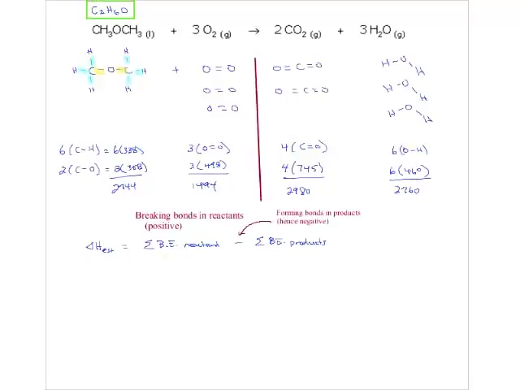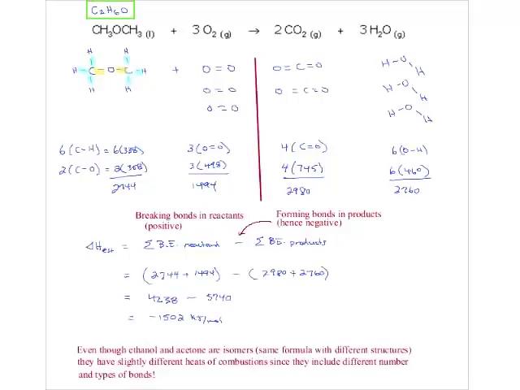Okay, let me just make this a little bigger for you. We put our values in, and lo and behold, we get our math done, and we're saying, whoa, 1502. Is there some kind of mistake here? So even though they're isomers and have the same chemical formula, they've got different structures. They have different numbers and types of bonds.